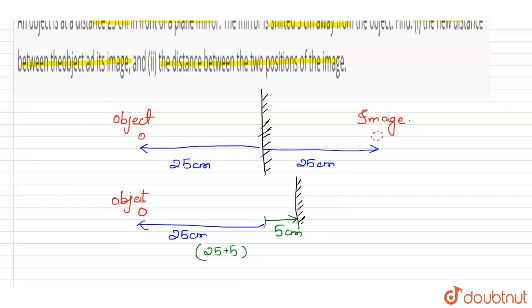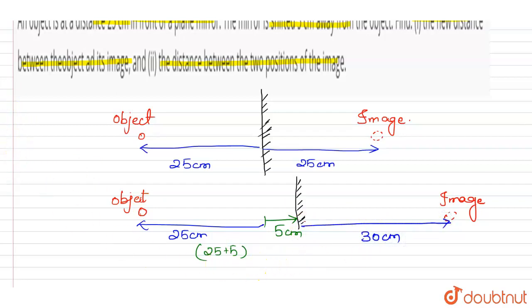So the image will be formed 30 cm behind the mirror. Let's suppose this is the image. This image is 30 cm behind the mirror. This distance is 30 cm.